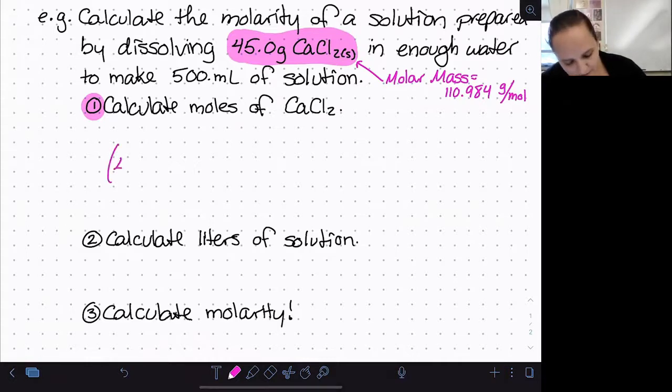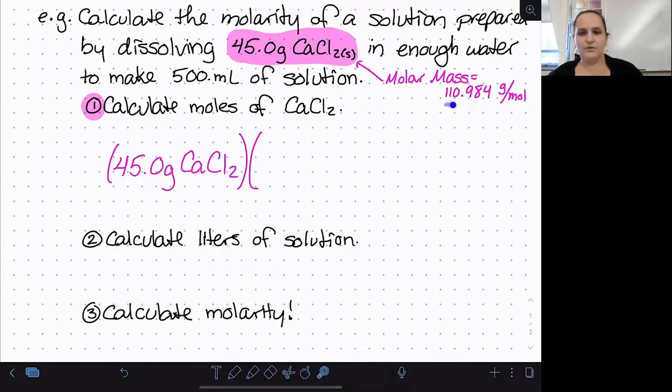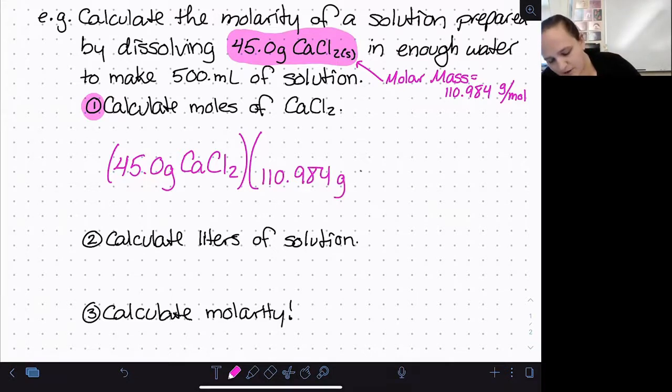So if we have 45.0 grams of calcium chloride, we want to use that conversion factor, that molar mass, to convert into moles. So this number of grams of calcium chloride is equal to 1 mole. Since we're currently in grams, we want that unit to cancel out, so we'll put that mass on the bottom. 110.984 grams of calcium chloride is equal to 1 mole, which is the unit we're looking to get into.